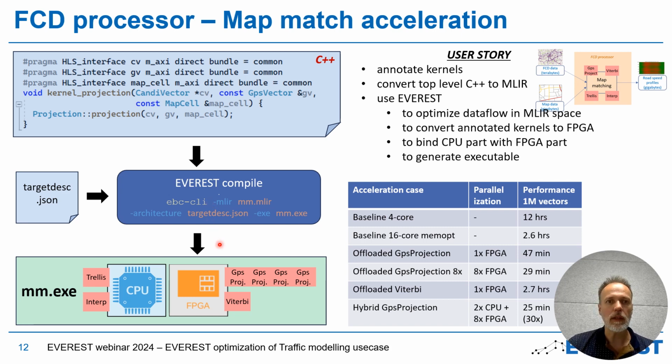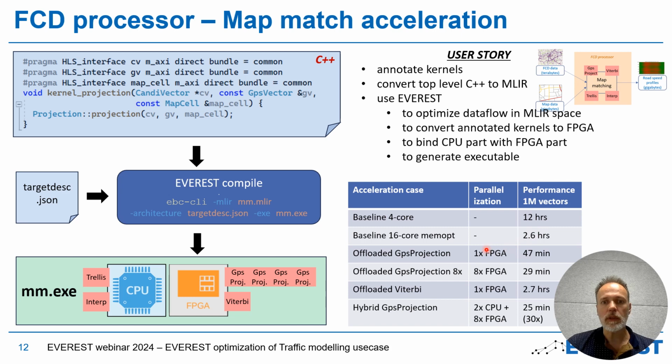So finally, the architecture may come out like this, where some functions are in CPU space, like trellis and interpolator, while others are offloaded to FPGA for acceleration. Some results here. The original code was running for approximately 12 hours for 1 million vectors.